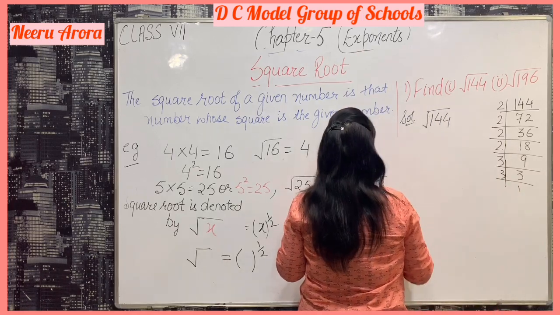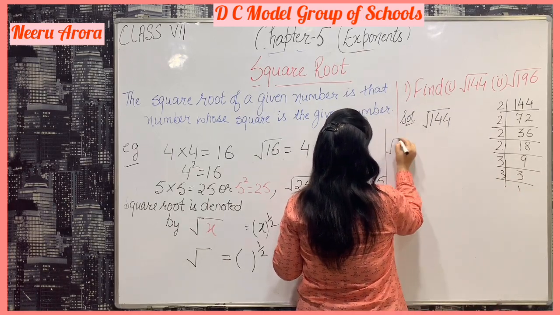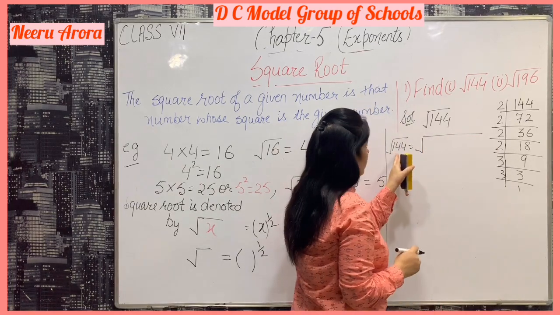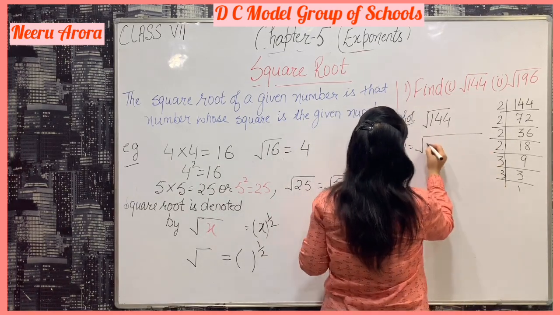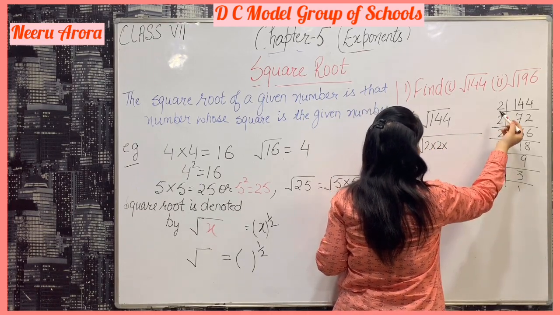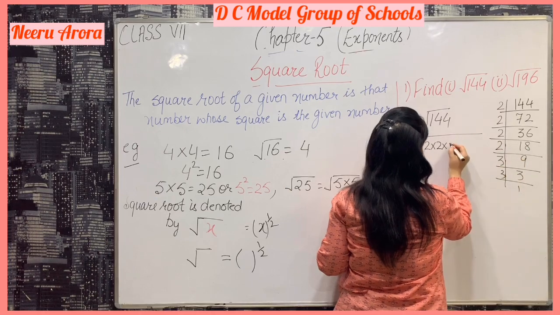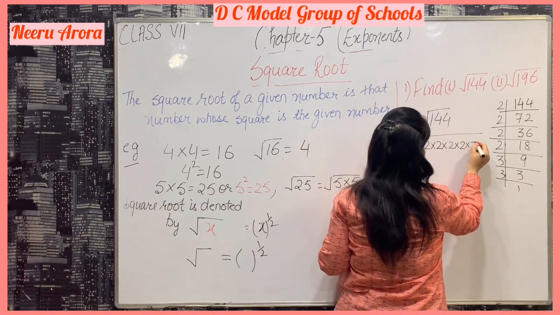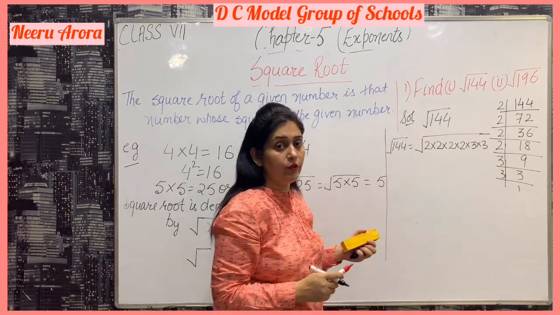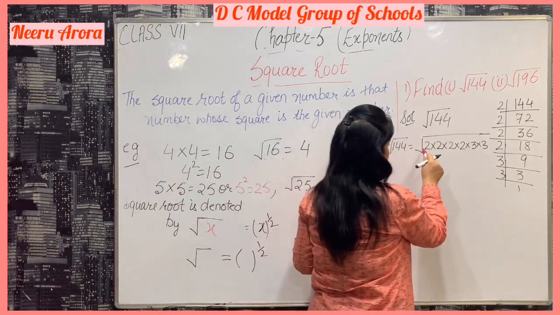So see, the square root of 144 is equal to, let's write 144 as a product of prime numbers. How many times does 2 come? 1, 2, 3, 4. Then 3 into 3. So to find the square root, we will take 1 out of each pair.